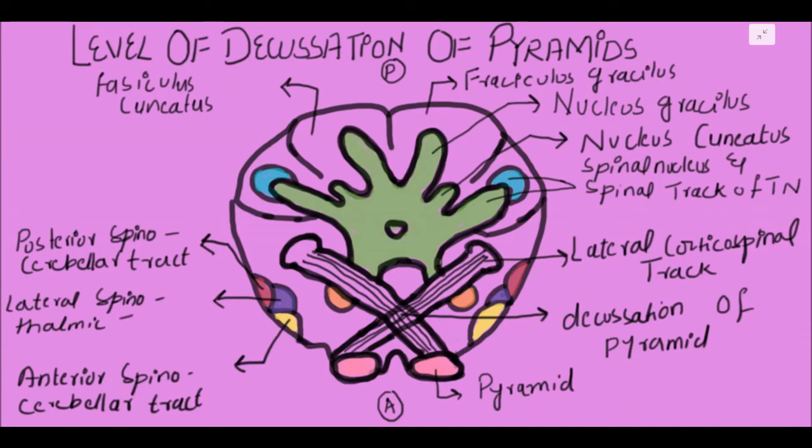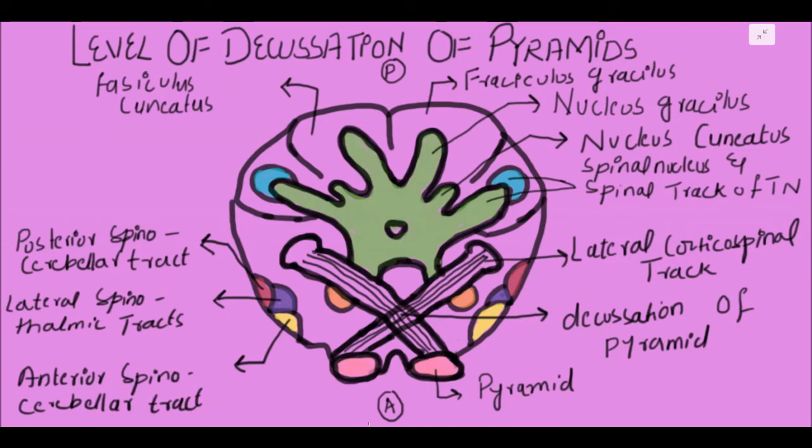So these three tracts we can see at the level of decussation of the pyramids, and we can see these tracts on other levels as well. So these were all the features we can see at the level of decussation of pyramids.